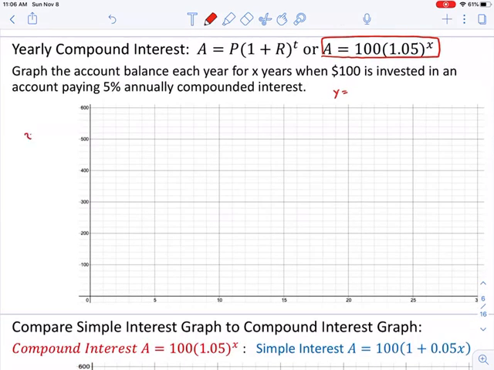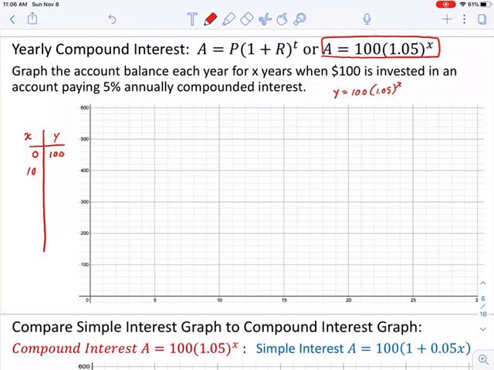Let's make a table and see what we can come up with here. So X and Y. So 0, 100 still. Remember how we went out to 10? So let's do that. Y equals 100 times 1.05 to the 10th power.